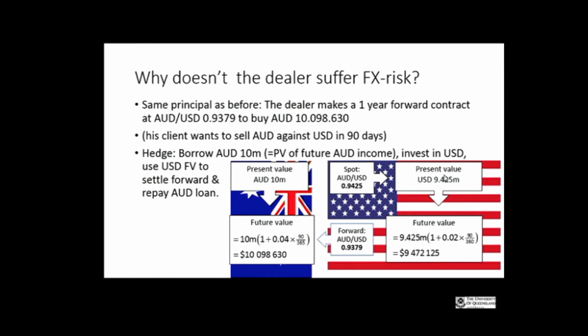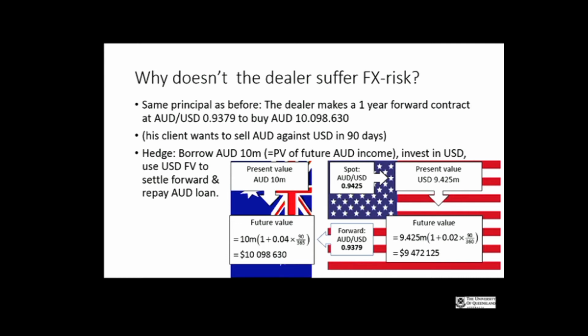Now, how do I get these 9.4 million US dollars now? Well, I can just borrow 10 million Australian dollars in Australia, use the spot rate to invest it in the US, and then I'm done. So the dealer borrows now 10, puts it into the US market, waits for 90 days, and then has the exact amount that he needs to deliver to the other side of the forward contract.